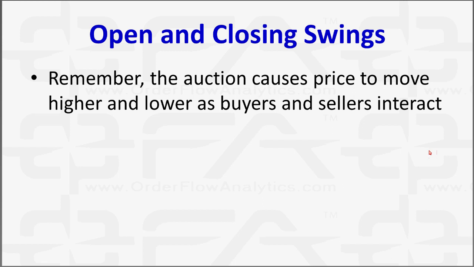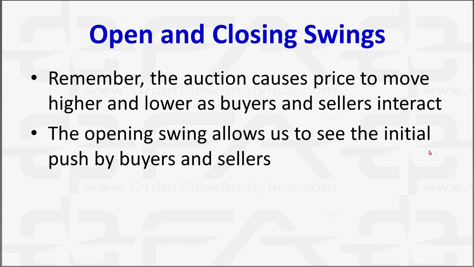What I am interested in seeing from the open is the first push by buyers. Once I see that and I see sellers start to interact, I want to see how successful sellers are and where they are willing to take price before buyers step in. I want to see that opening swing.